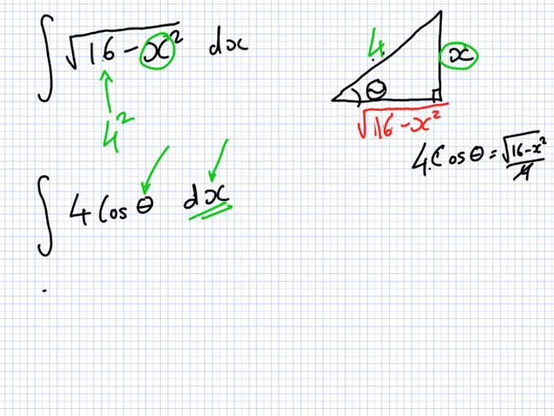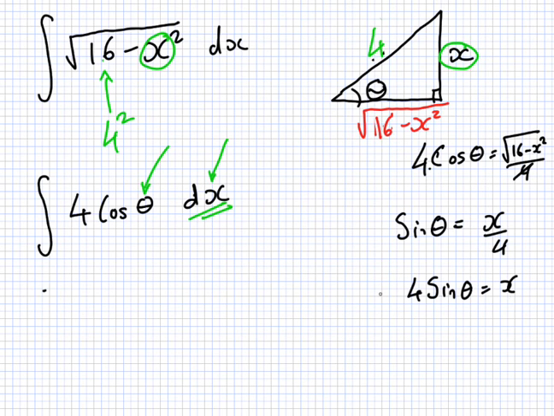So how can we do that? Well, sine theta is x over 4, so 4 sine theta equals x.